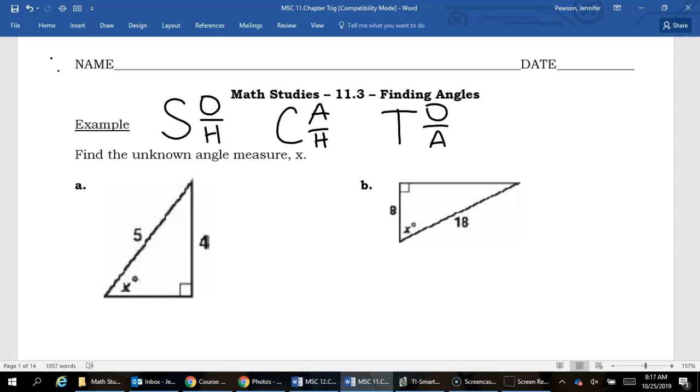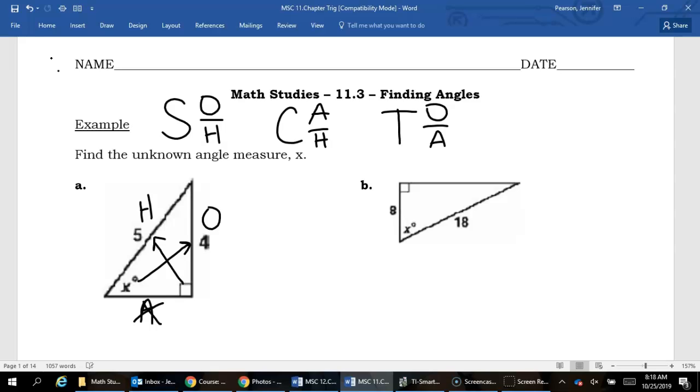With this right triangle, I'm going to label the A, the H, and the O. I like to do hypotenuse first. It's always across from the right angle. The opposite would be the side farthest from the marked angle. And the adjacent would be the side closest to the marked angle. I see the hypotenuse is 5. I see the opposite is 4.